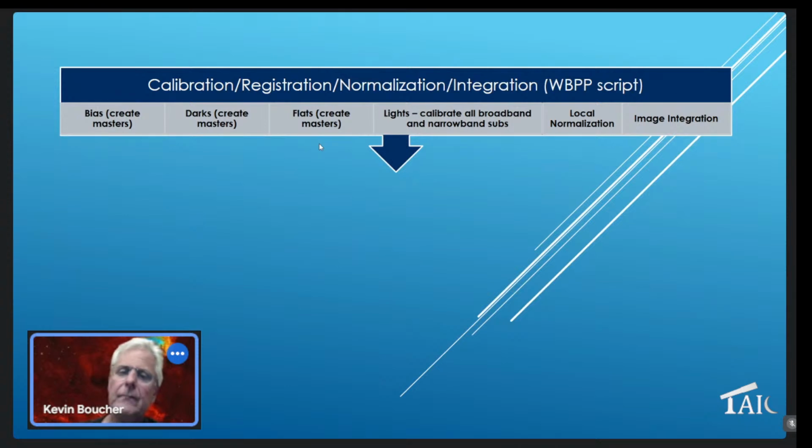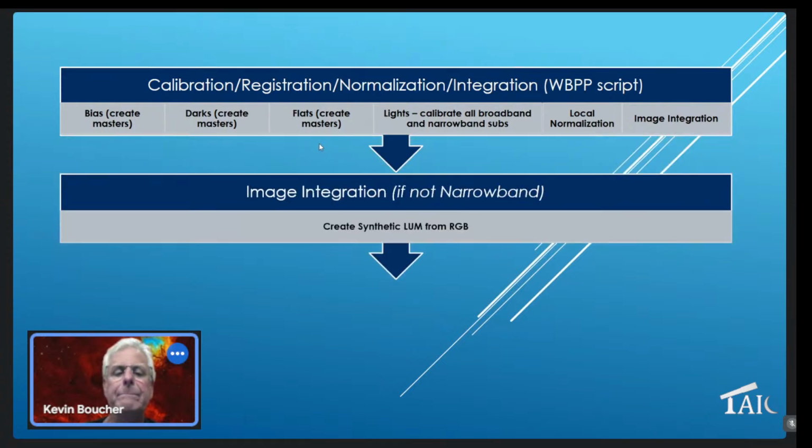As I'm sure a lot of you do, I start out using WBPP to do the calibration, registration, normalization, and integration of my masters for all my light frames, regardless of what type they are. I like to use image integration, if not narrowband, for creating a synthetic luminance, although you can use it for combining your narrowband images.